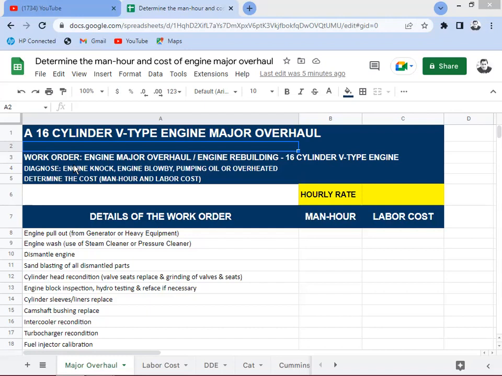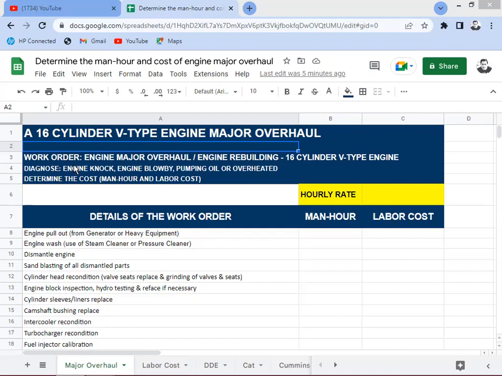This engine is used for coupling with a generating set or generator, or it could be installed on heavy equipment machinery, like a huge hauler, maybe perhaps a 100 ton capacity hauler.